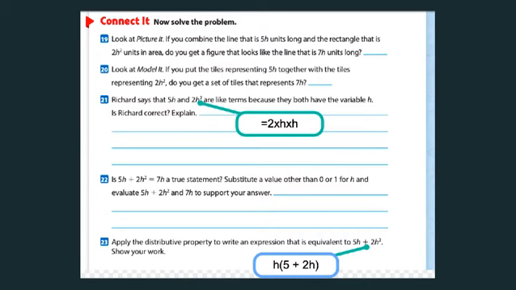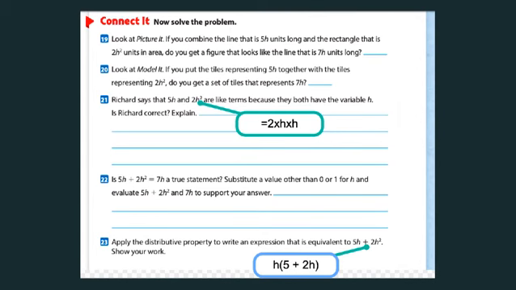I already did this in the previous video, where I plugged h in to show what you would get. Go ahead and pretend h equals 2 and plug that in and see if you get the same thing. What you're going to try to calculate is 5 times 2 plus 2 times 2 squared. Does that equal 7 times 2?